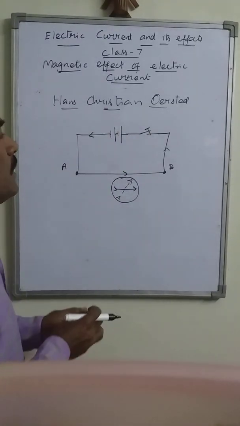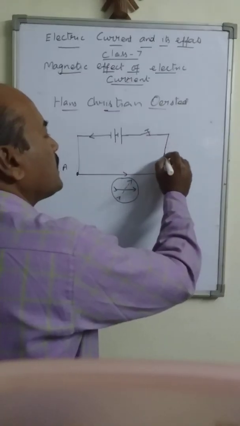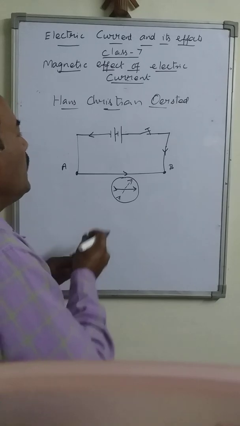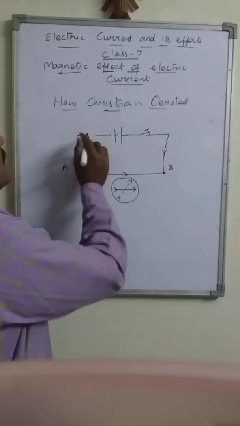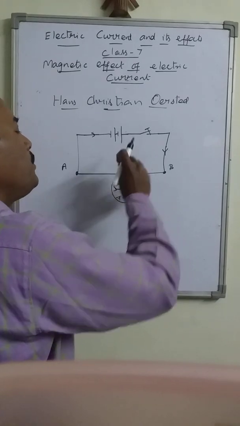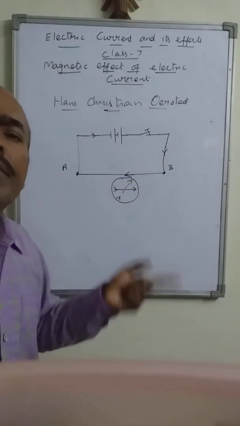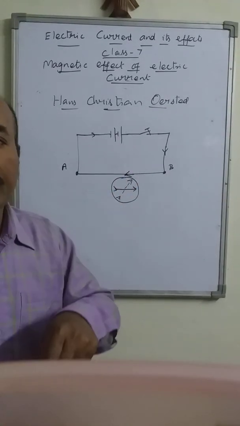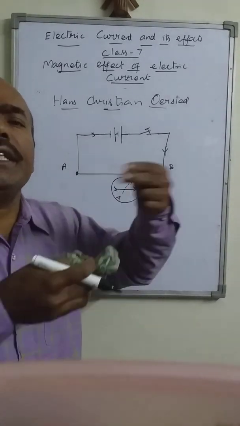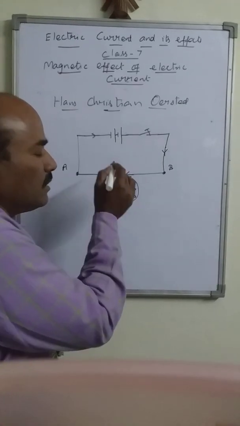In this case, the current obviously flows in the reverse direction. Now the current is flowing from B to A through the conductor. For this, he observed the deflection, but the deflection is in the reverse direction. Here the deflection is like this.